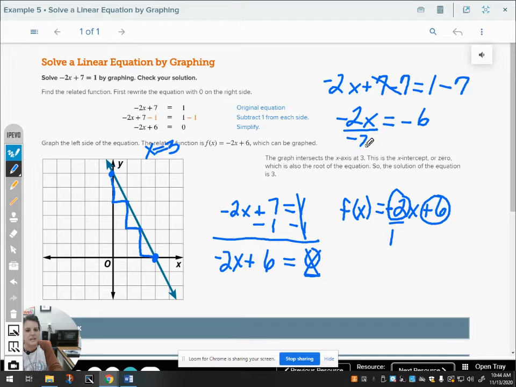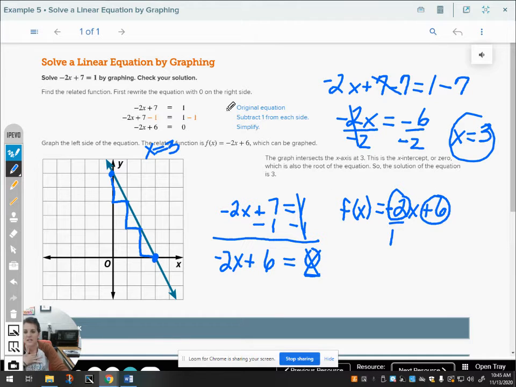Divide both sides by negative 2, because the inverse of multiplication is division. And I get x equals a negative divided by a negative, which makes it a positive. So it's a positive 3. I still get the same answer no matter which way I do it. So we can do it algebraically, and we can do it graphically.